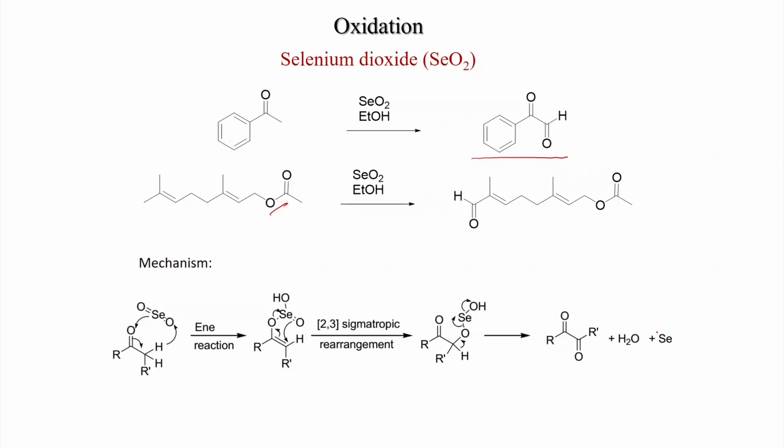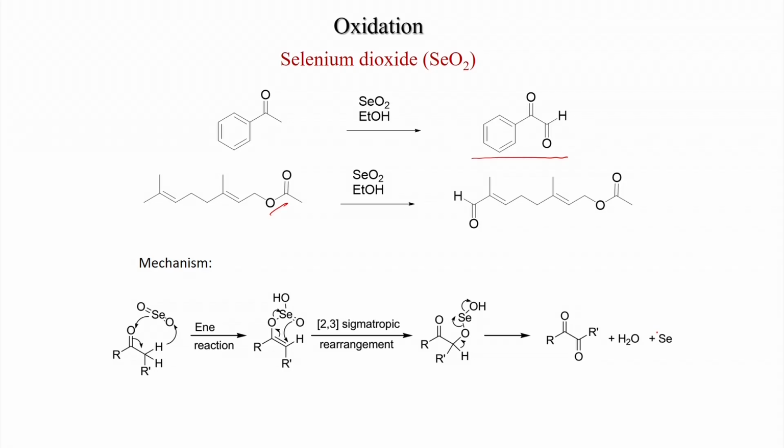So, what is the possible mechanism for this reaction? Here also this hydrogen will react. This hydrogen is acidic and this will react to the oxygen. It will go to the oxygen to make an OH, and this selenium will make a bond with the carbonyl group.